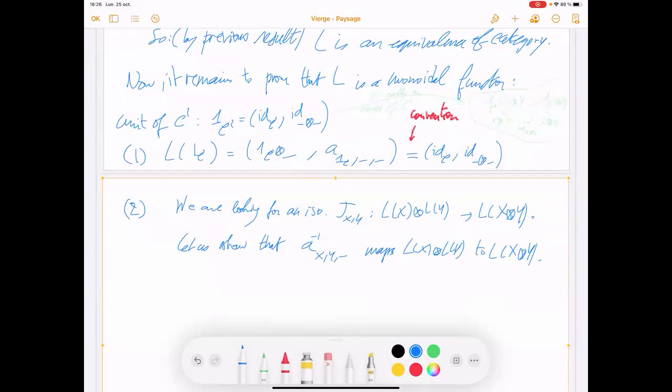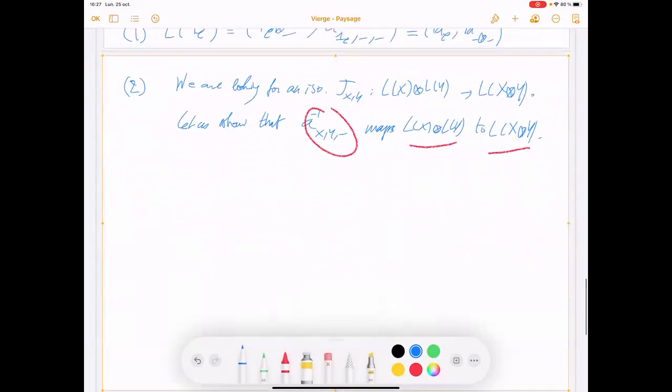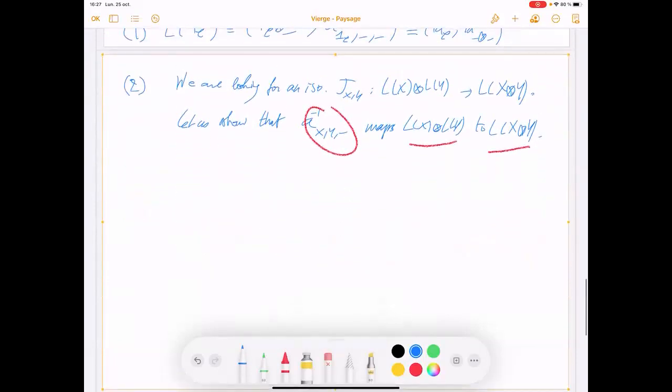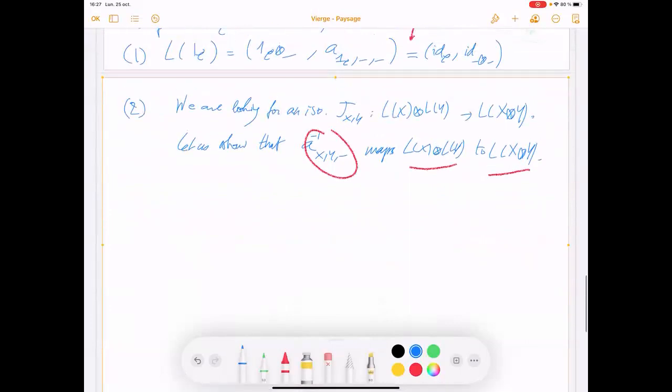Okay. This is not clear, for me at least. It is not clear that this really maps that to that, and I want to explain that. And then the commuting diagram will be just the application of the pentagon equation, the pentagon diagram.